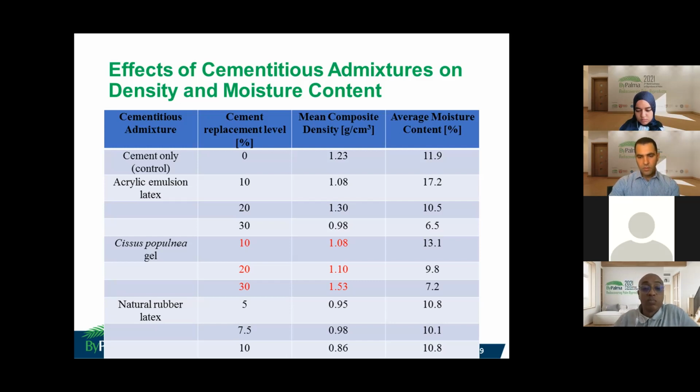In all our findings, Cissus populnea played a prominent role at the different ratios, 10 to 30%.